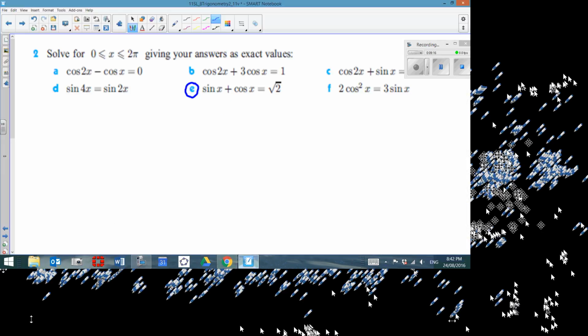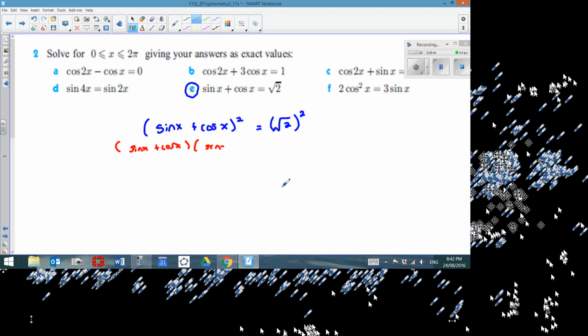So let's start by squaring both sides. Again, whatever I do to one side, I'll do to the other. So I'll wind up with sine x plus cosine x, quantity squared, equals the square root of 2 squared, right? Sine x plus cosine x squared means that you're multiplying, we know this, sine x plus cosine x twice.